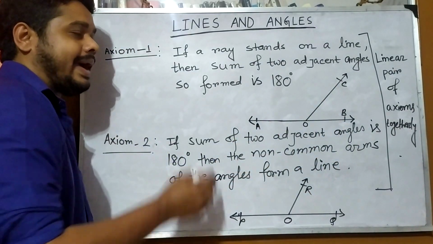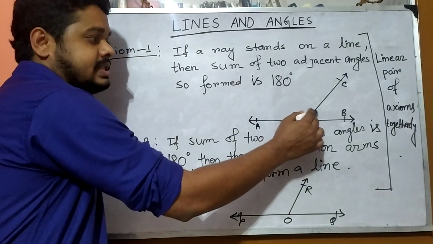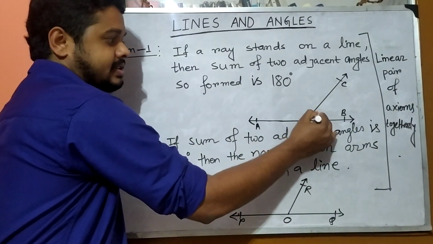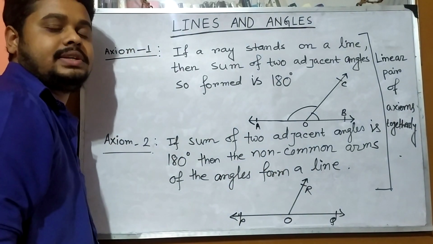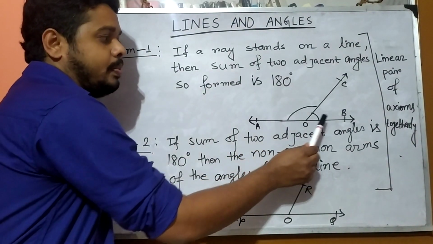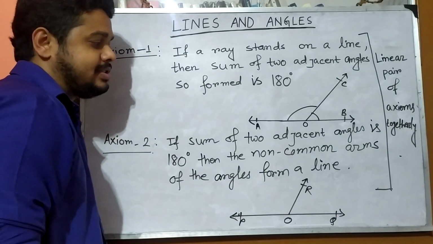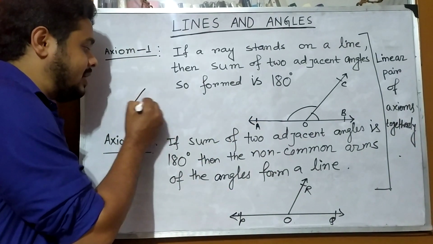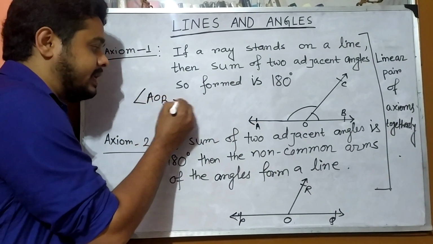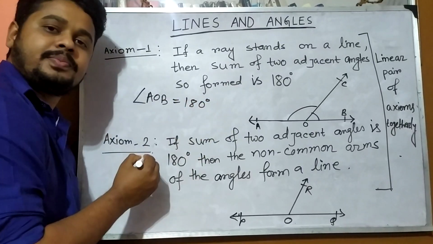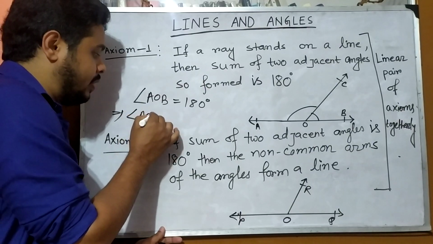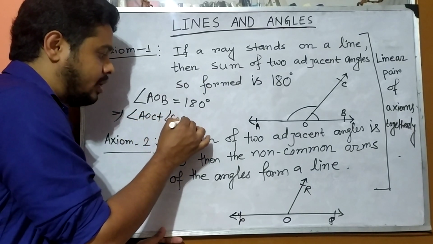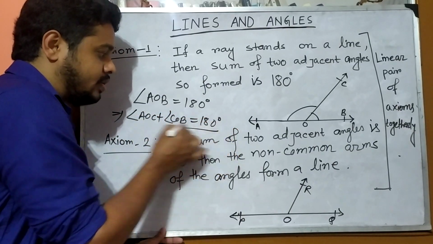Clear? Now according to these axioms, the sum of these two angles is 180 degrees. As AOB is a line, clearly angle AOB equals 180 degrees. Now AOB means angle AOC plus angle COB equals 180 degrees, no problem.